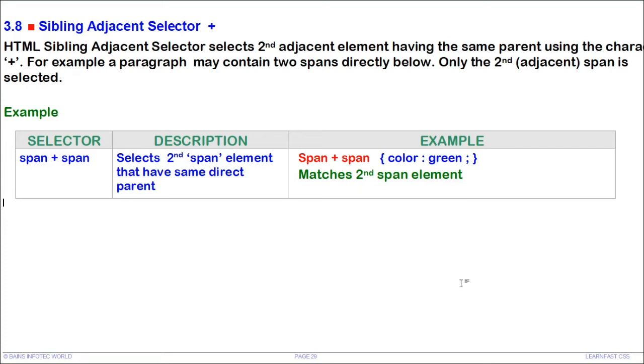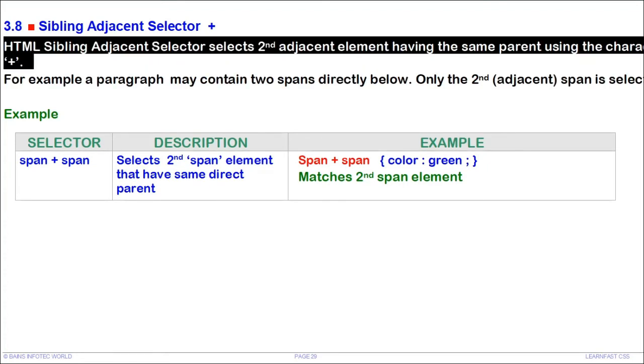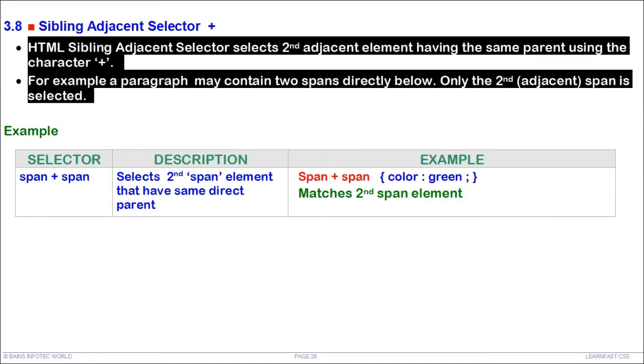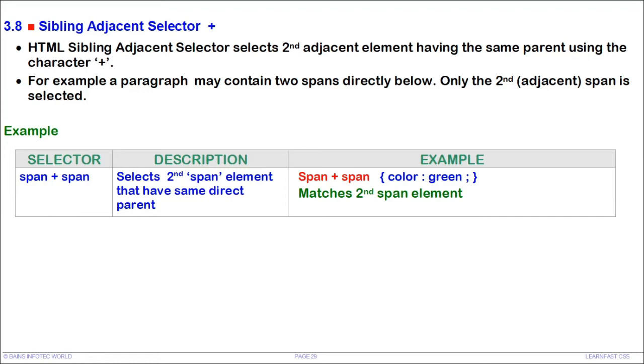Okay, sibling adjacent selector is a plus sign, and this allows you to select siblings. So if you have a parent HTML element containing a number of children, you can select all of the children under that parent element and have the same siblings. So span plus span.